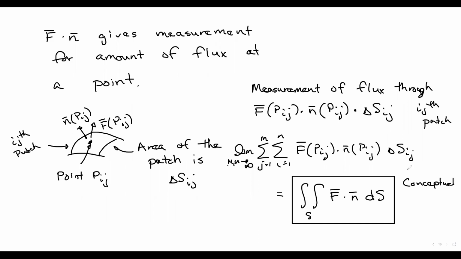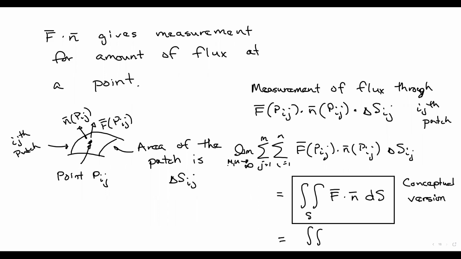This is not the definition used to evaluate flux. This is the conceptual version. Just like with the surface integral earlier in this video, we'll do a version that you can use for evaluating. Frequently, this is shorthanded.